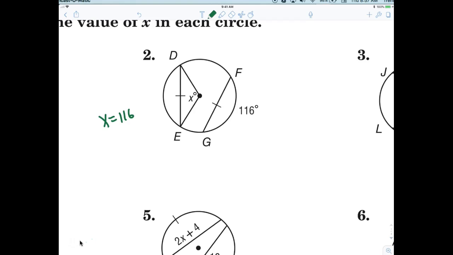It's called a central angle. The reason it's called a central angle is because the vertex is at the center of the circle. And so that angle is equal to the measure of the arc.